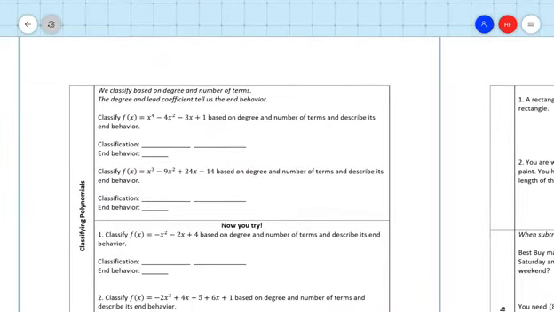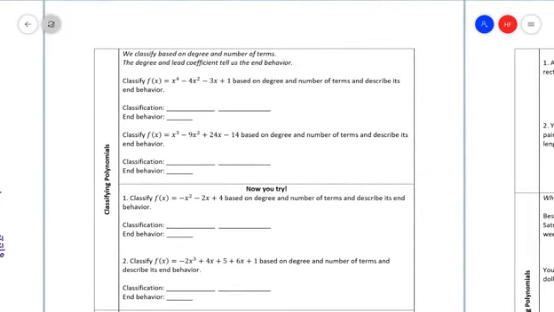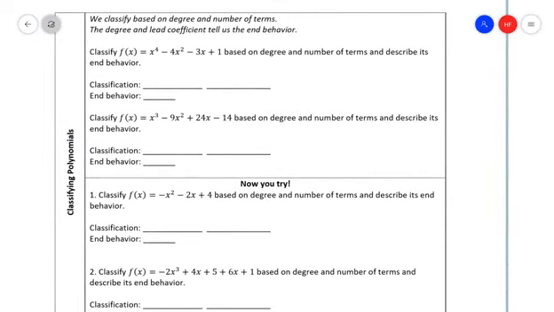Now on the next topic, we are classifying our polynomials and saying what their end behavior would be. So on this first one, we have x to the 4th power minus 4x squared minus 3x plus 1. So my degree is 4.